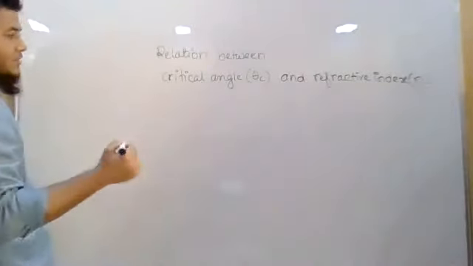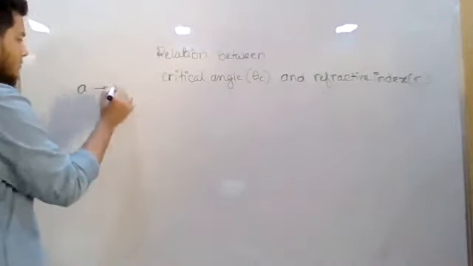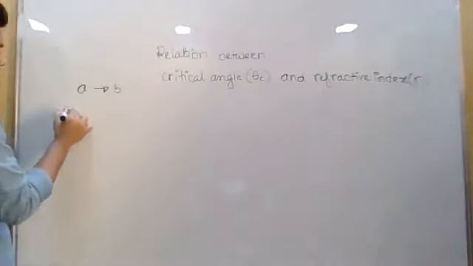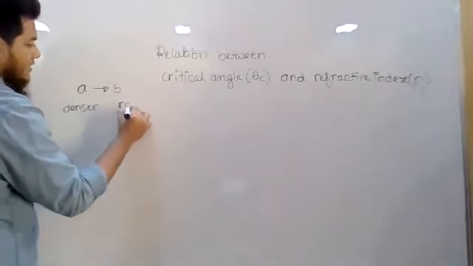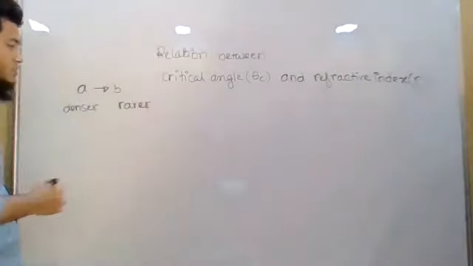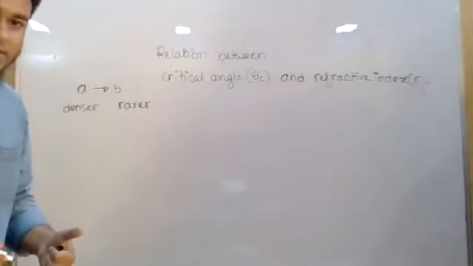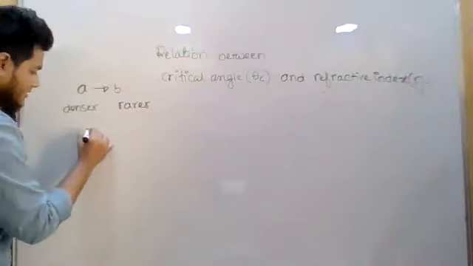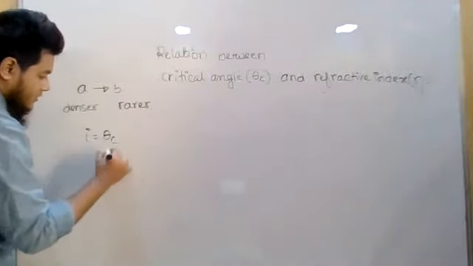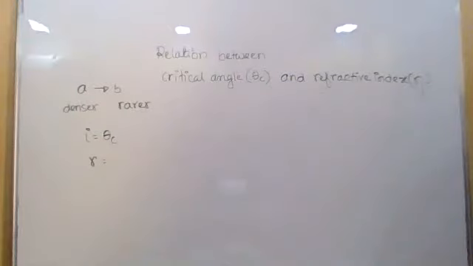Let us say a light ray is passing from A to B medium, and A medium is the denser medium and B is the rarer medium. When the incident angle becomes equal to the critical angle, what will be the value of the angle of refraction?